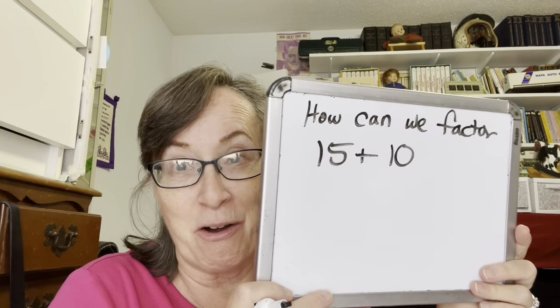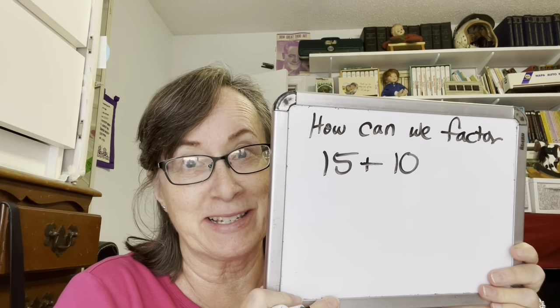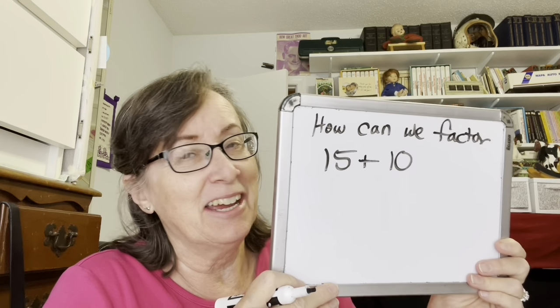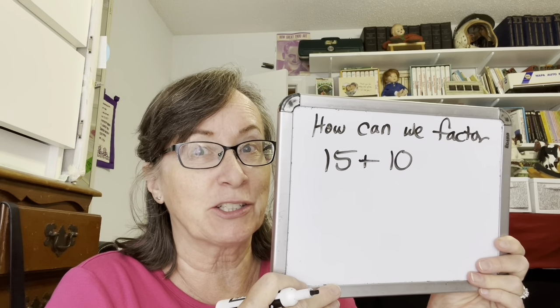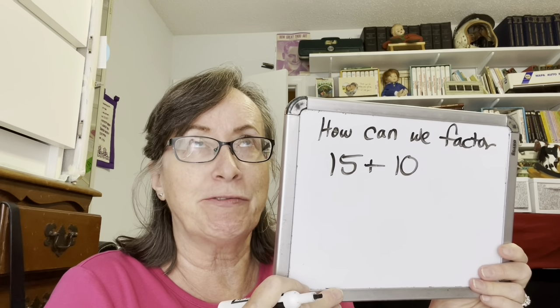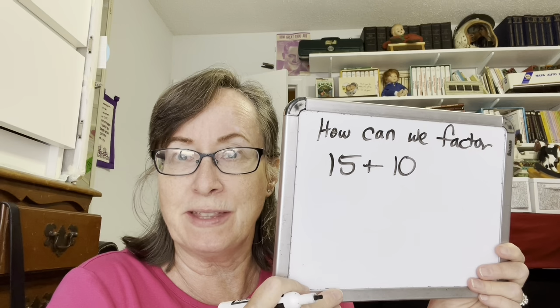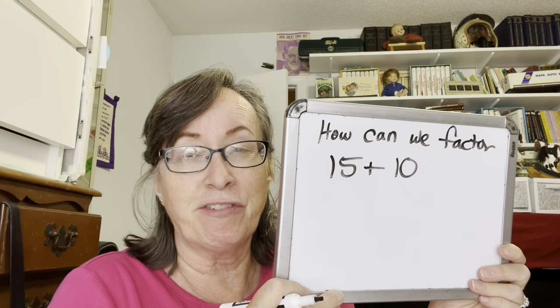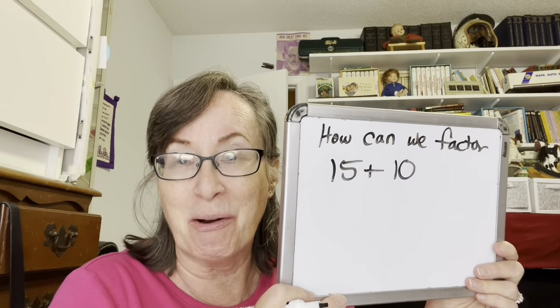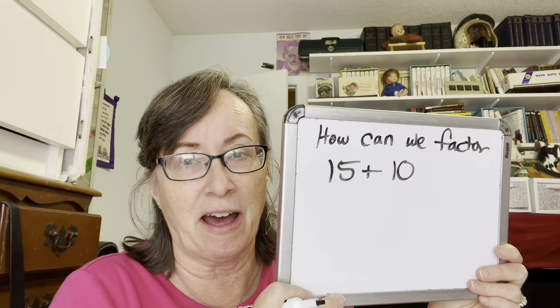Okay, so now we get to jump into the part that I just think is so much fun. Factoring is fun for Mrs. A. All right, so we're going to factor this expression, 15 plus 10. So when we're factoring, we're going to say, what do they have in common? Well, 15 and 10 both have a factor of 5.